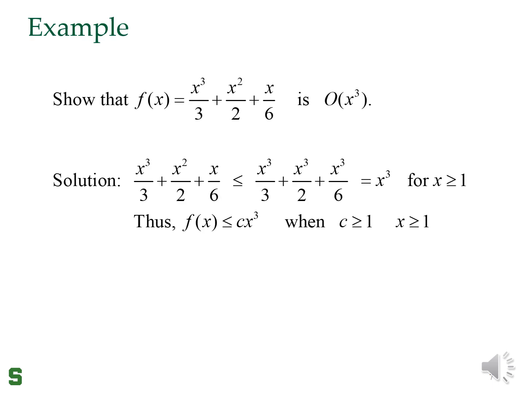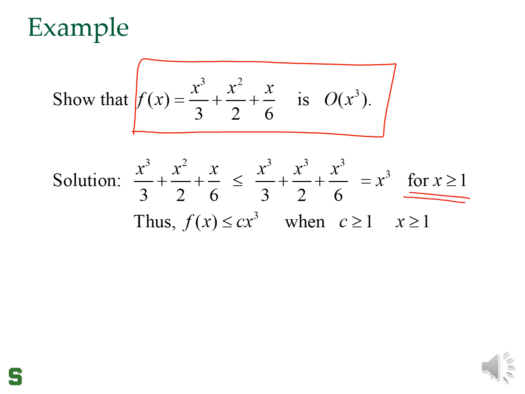Let's look at an example. We want to show that f(x) is big O of x cubed, where f(x) is x cubed divided by 3 plus x squared divided by 2 plus x divided by 6. What we can observe is that if I assume x is greater than or equal to 1, then x cubed is greater than x squared is greater than x.